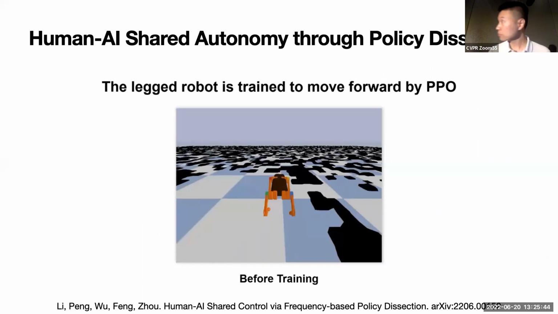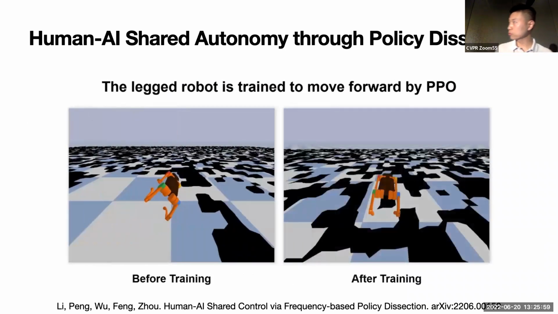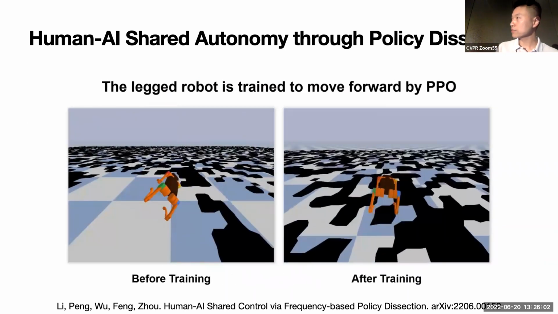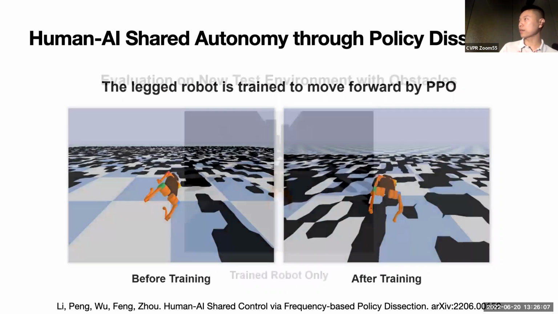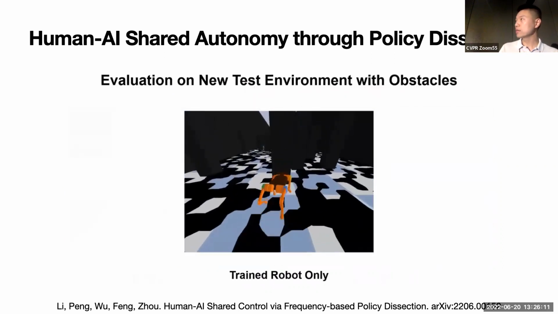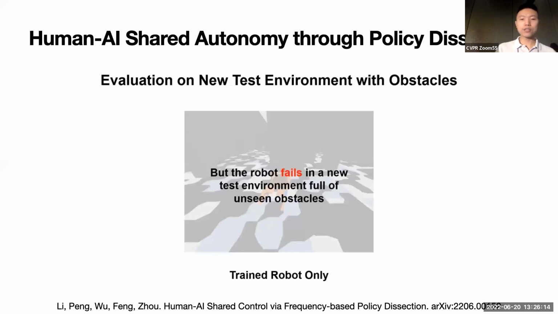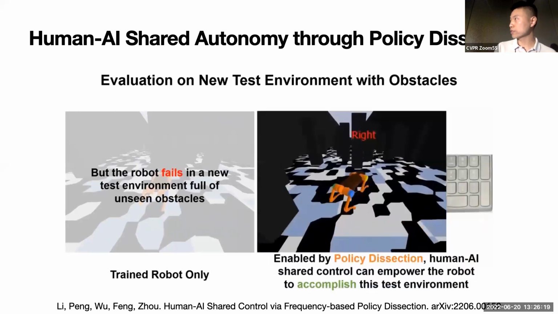After we train this primary task, the agent knows how to move forward, because the primary training task is just moving forward. But when we deploy this agent in some new environment, full of obstacles, the agent doesn't know how to navigate, because reinforcement learning agents have very poor generalization capabilities.